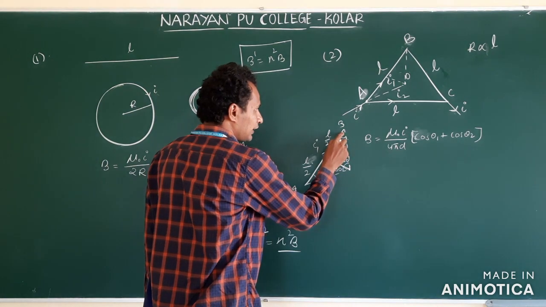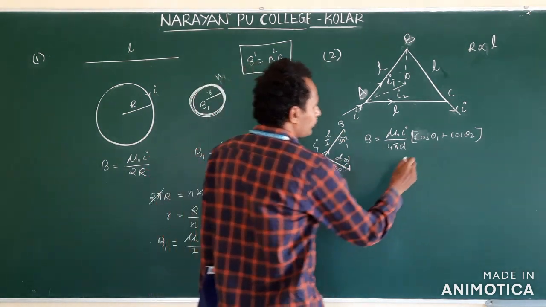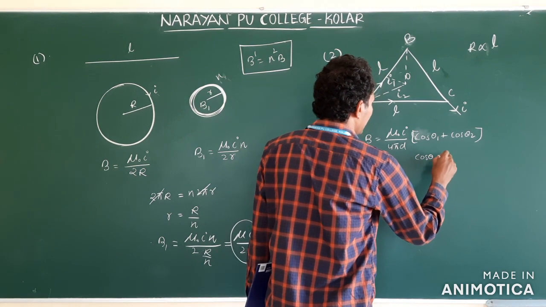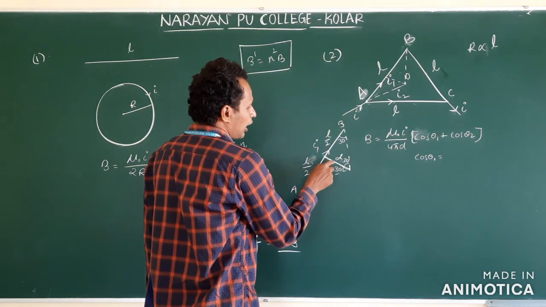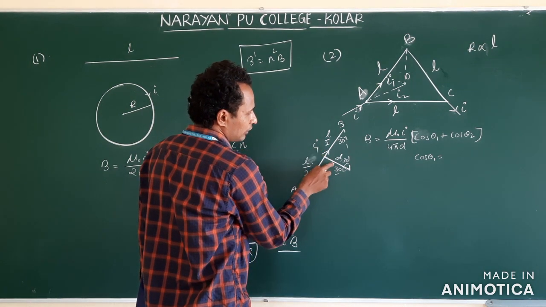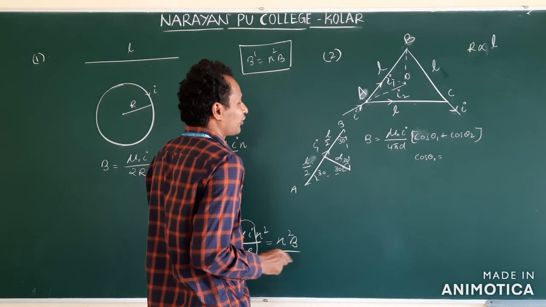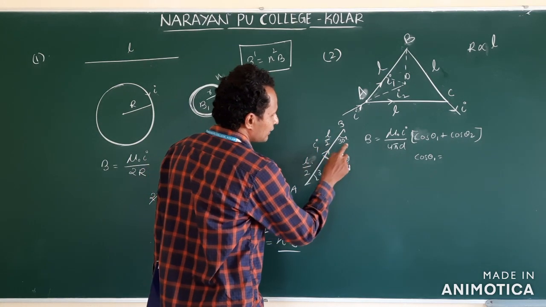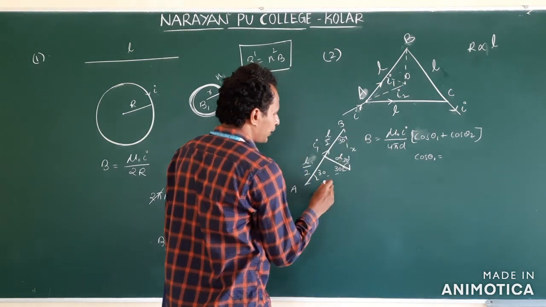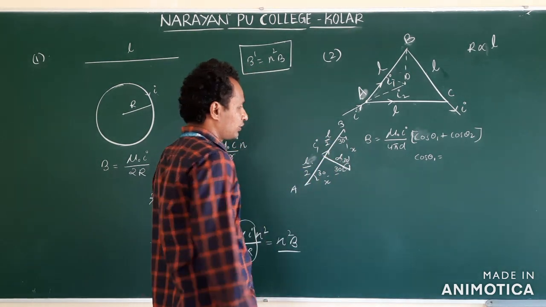At the ends of the conductor, A and B. From this, what is cos theta 1? Cos theta is adjacent side by hypotenuse. Let us take this hypotenuse as x.